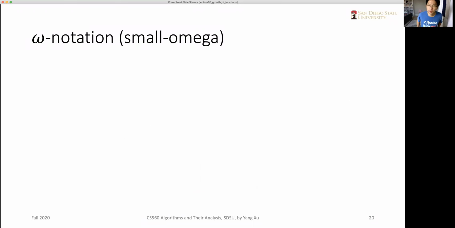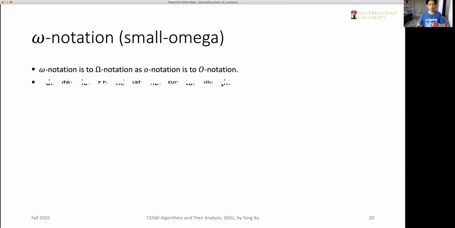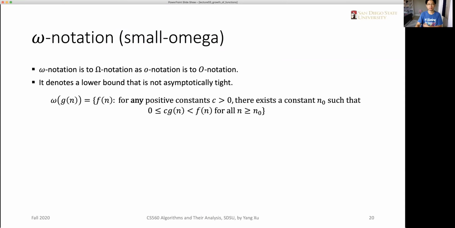Then we can guess the meaning of the small omega. It must deal with the lower bound. Its relationship to the big omega notation is just like the way small o is to big O. It denotes a lower bound that is not tight, a loose lower bound.